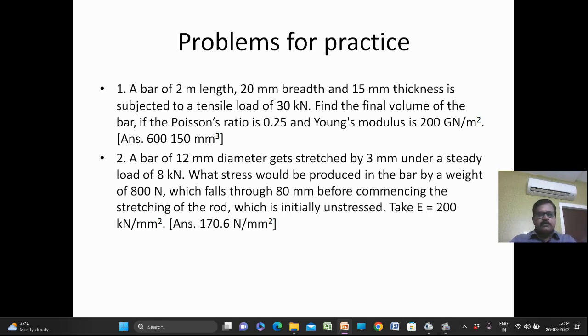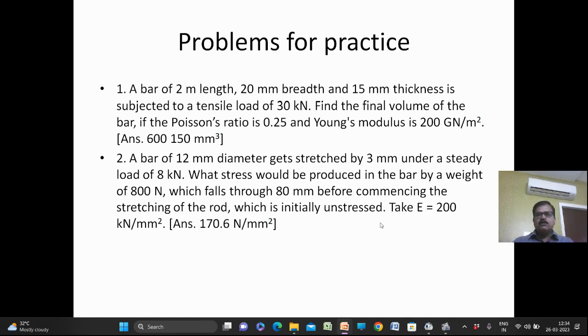Next is a bar of 12 mm diameter that gets stretched by 3 mm under a steady load of 8 kN. What stress would be produced in the bar by a weight of 800 Newton which falls through 80 mm before commencing stretching of the rod, which is initially unstressed?